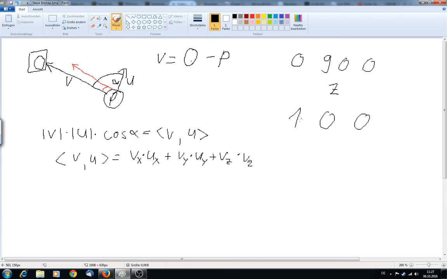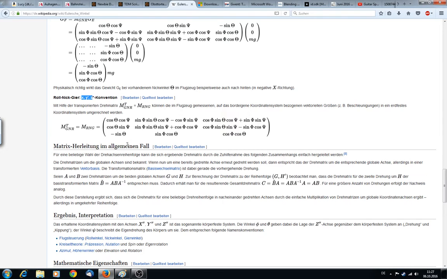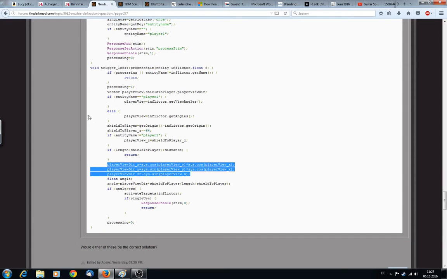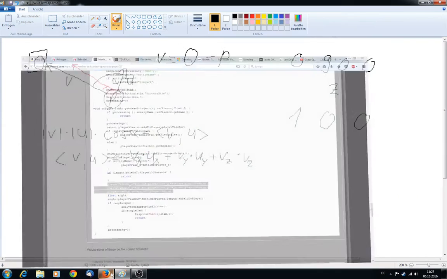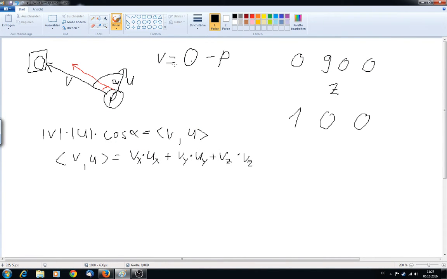And if we rotate it, then it still has the length of 1. So this player view dir vector, which I calculate in the script with the cosine and sine stuff, also has the length of 1. So we don't really need it here, because if you multiply by 1, nothing happens, so we can just leave this away.